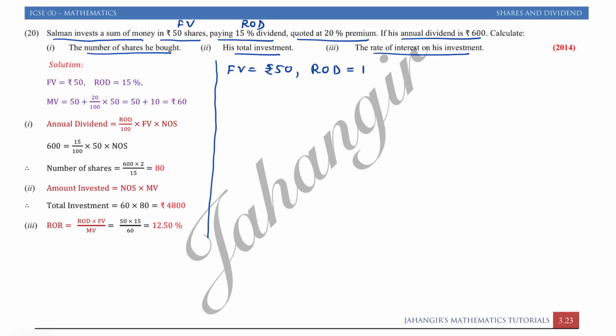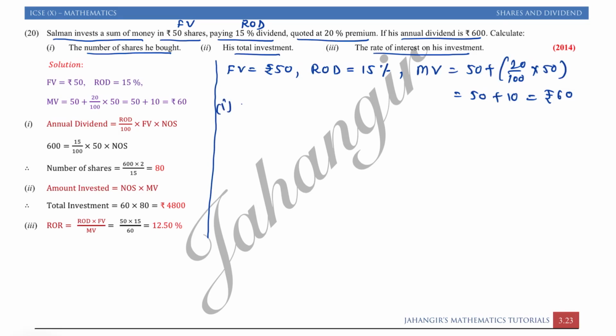So MV is 50 plus 20% of 50. Cancelling, you will get 50 ones are 10. So 50 plus 10 is equal to rupees 60. If the annual dividend is 600, calculate the number of shares bought. First we will use the annual dividend formula to find the number of shares.